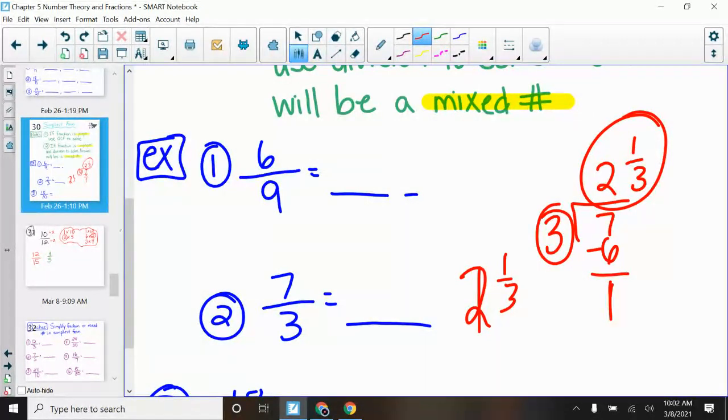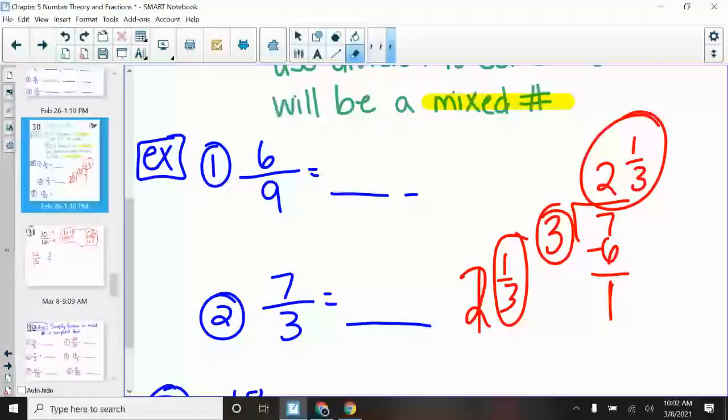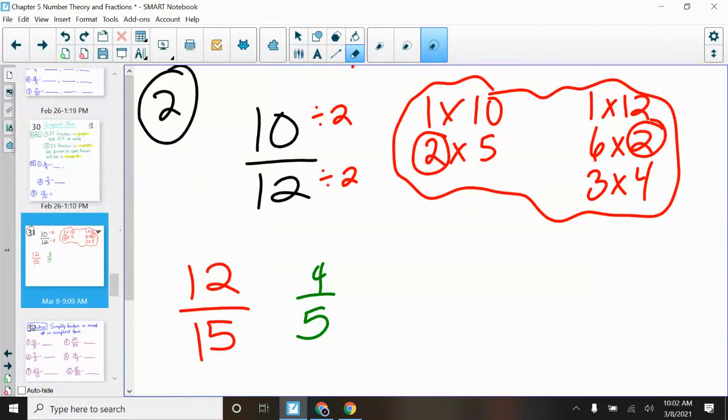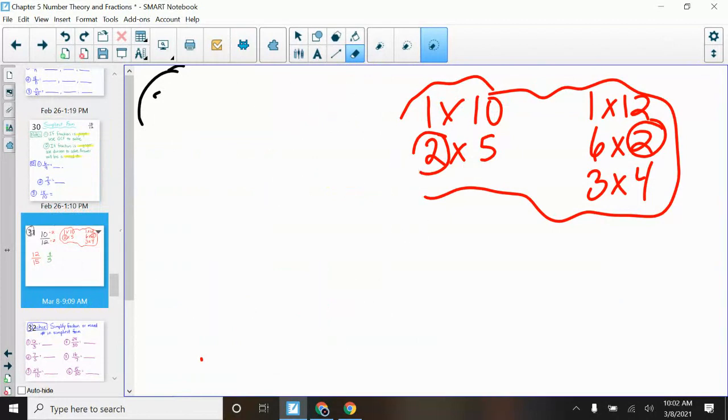Well, what happens when you have to turn something into a mixed number, but the fraction that you get as your leftover stuff isn't in simplest form? Okay, so let's look at one of those, because that does happen. All right, I'm going to give you an example. Are you ready for this one?